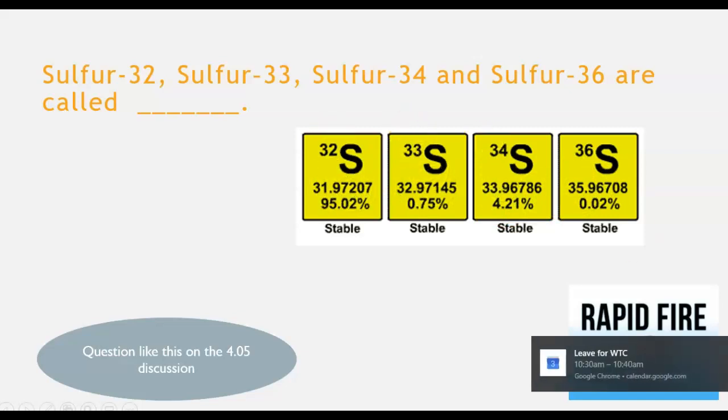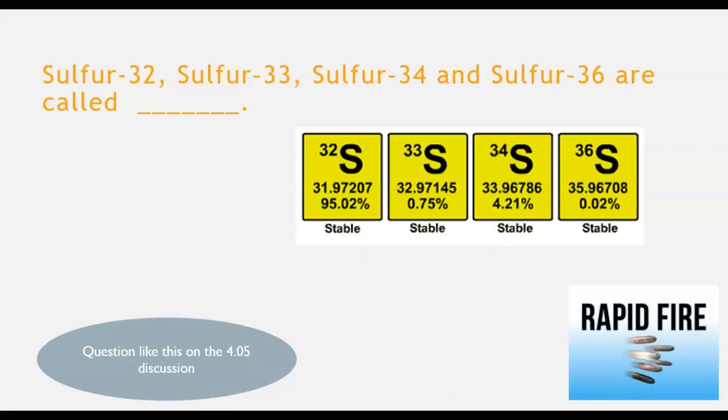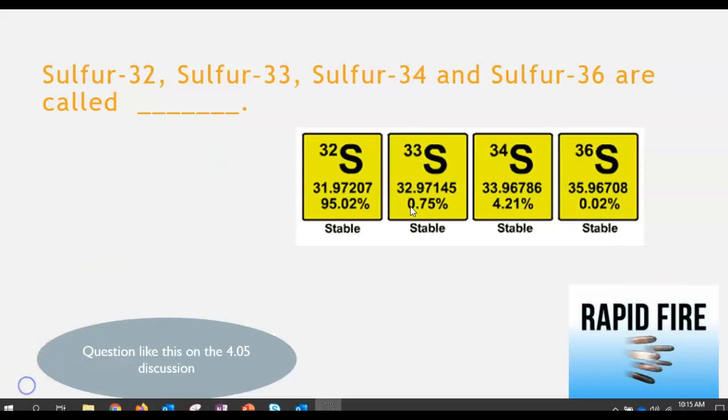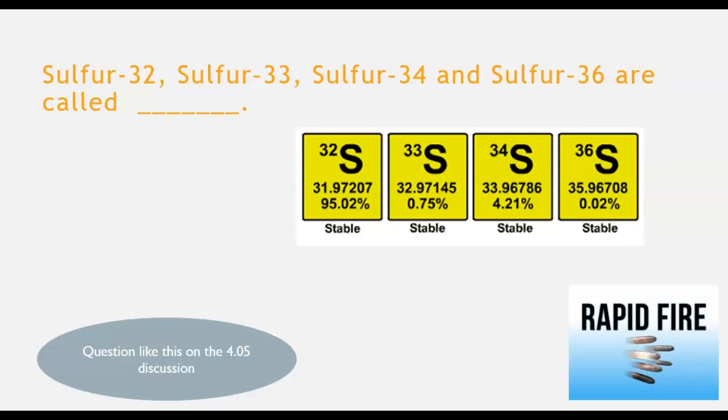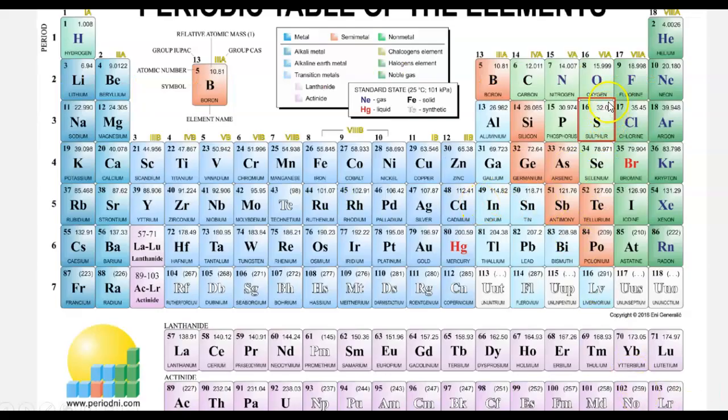All right, so what does that 32 mean? How is that going to help us out? What makes these different? They have the same symbol. In fact, I can go to the next screen and see my S symbol right there. It's sulfur.